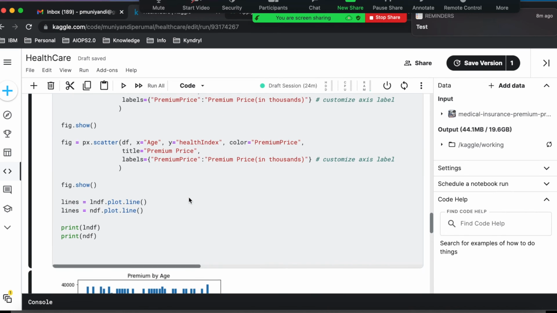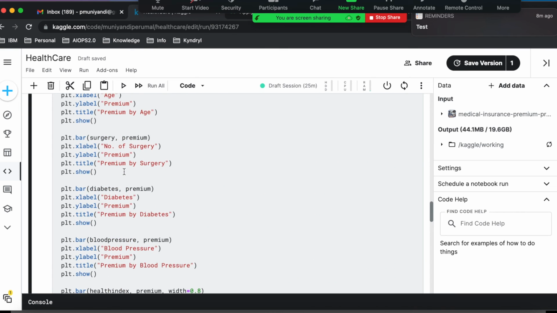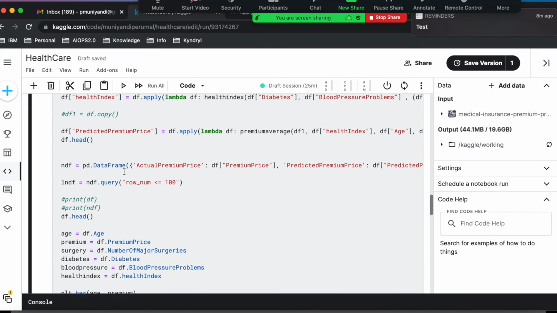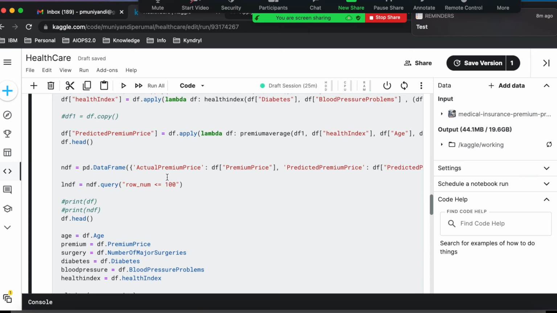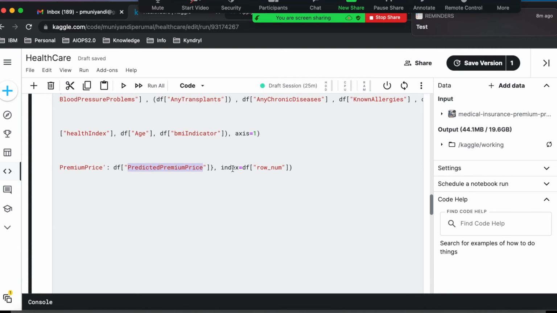There is something called a line chart. In the line chart, I'm plotting two prices. So if you go to my LNDF and NDF, you go to that particular line. What I'm doing here is passing the actual price as the premium price, passing the predicted price as the new price which I predicted, and the row number.